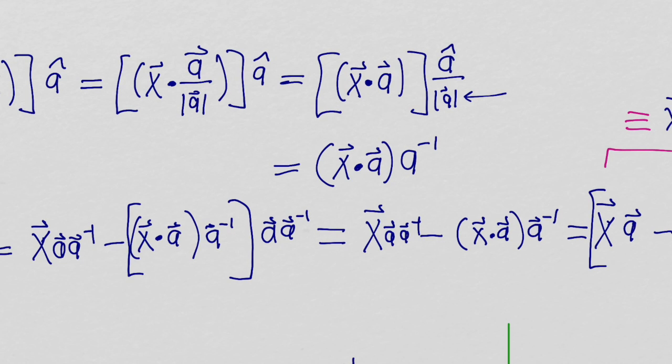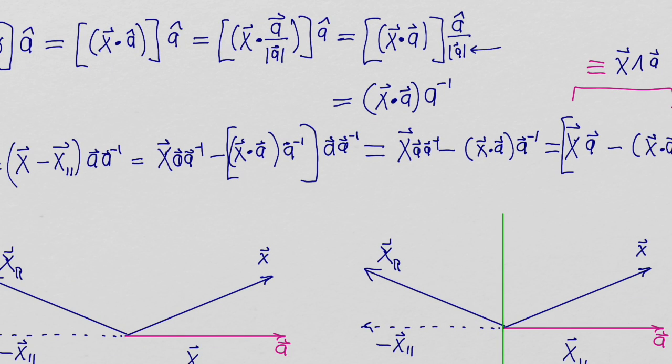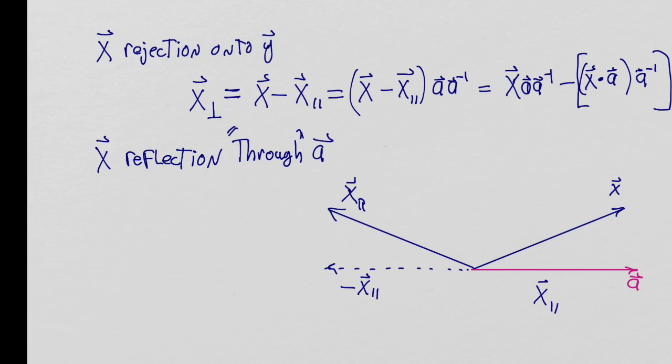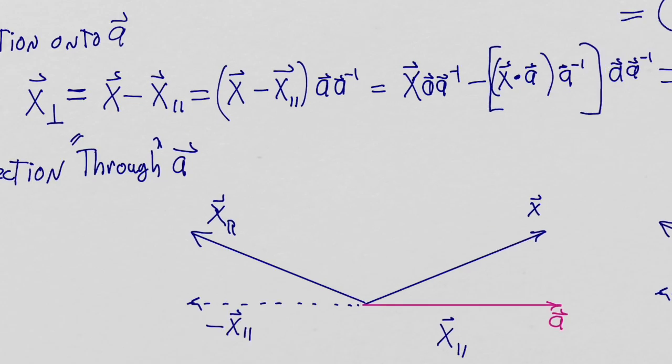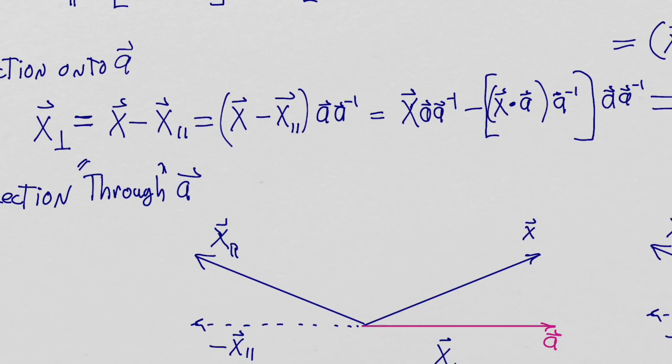So let's continue. The next thing we did is we calculated x's rejection onto y, right? So the rejection of x onto y, I think same problem here, this y I should replace with an a, right? And the rejection is simply the vector itself minus the projection, right? So this is one of those little geometric algebra tricks that you do in these proofs.